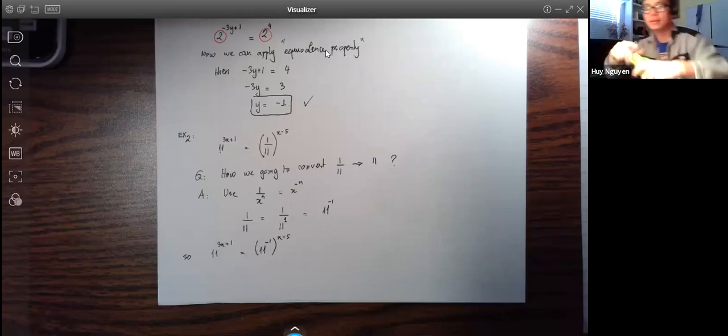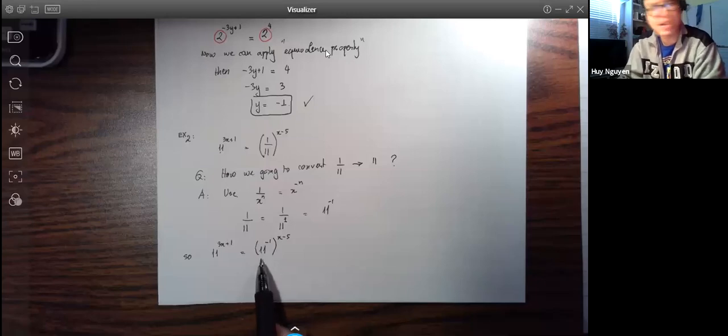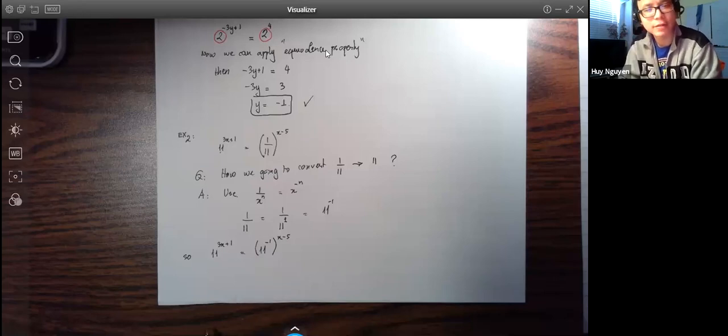All right. It looks like we almost got it. Because right now on the left hand side we have 11. On the right hand side we also have 11. It looks like we can apply the equivalence property. However, on the right hand side it is not 11.